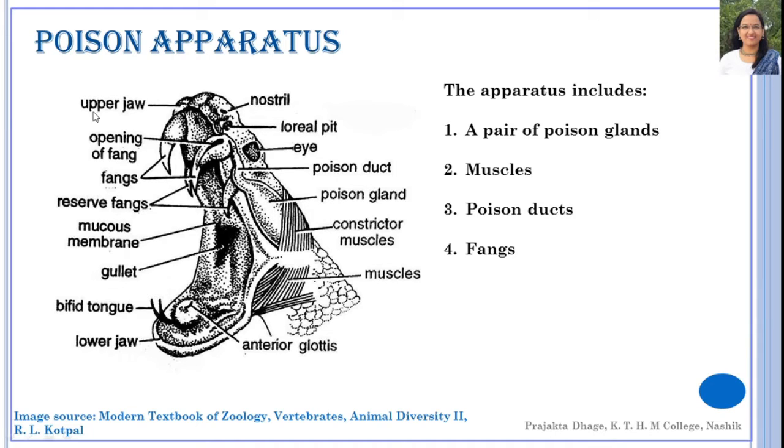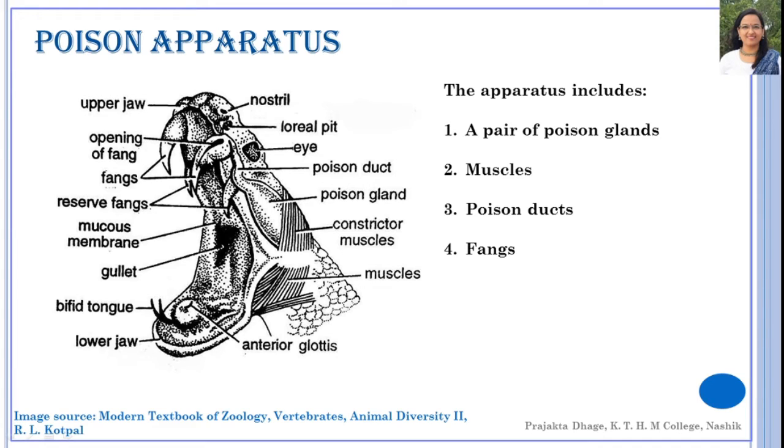You can see here the poison ducts. Please follow the pointer arrow. So this is the poison duct. From each poison gland arises a poison duct and reaches the base of the poison fang and enters its groove or the canal.